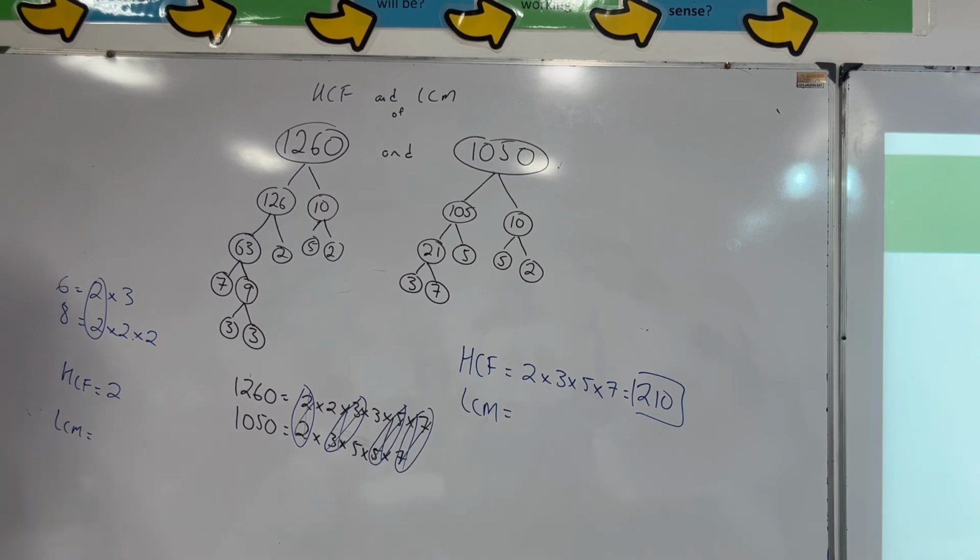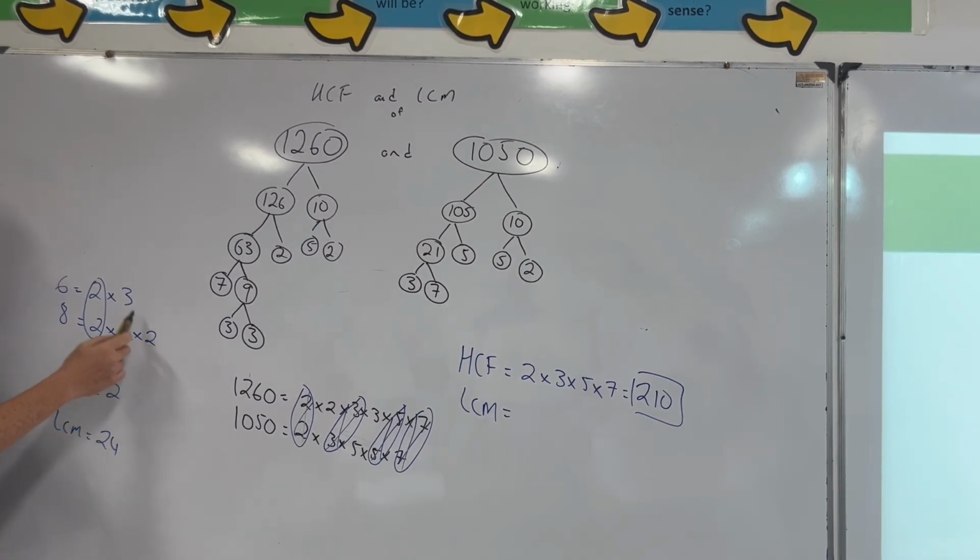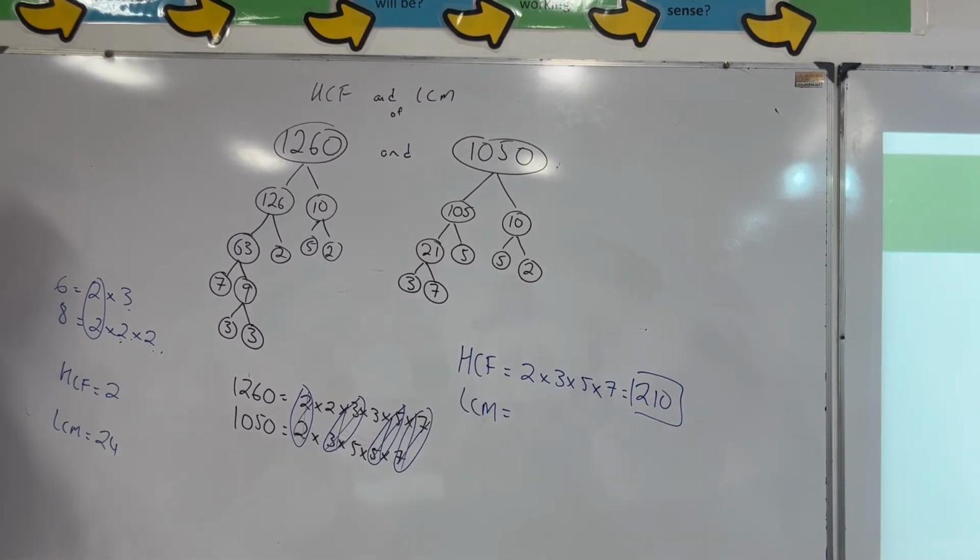I think 24 is the lowest common multiple. Okay, we know it's 24. So what link do these 3 numbers have to 24? 3 times 2 times 2 is 12. 12 times this 2, yes. So whatever is left behind gets multiplied by the highest common factor to get the lowest common multiple.